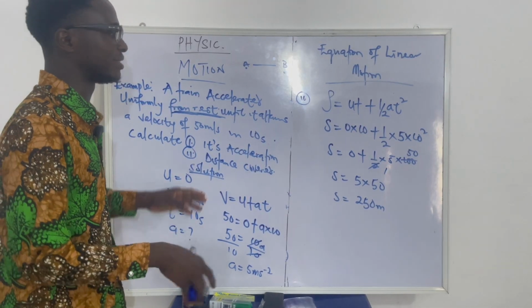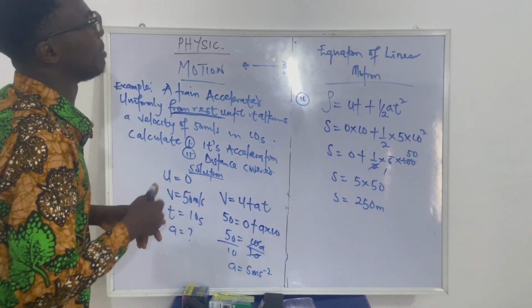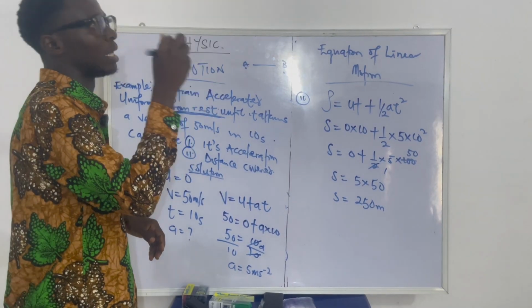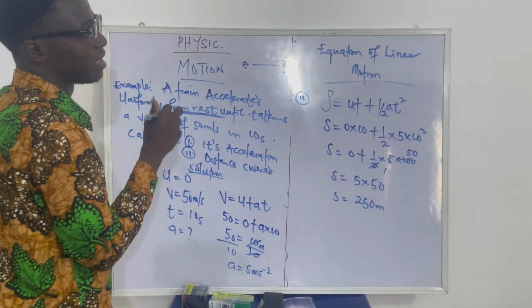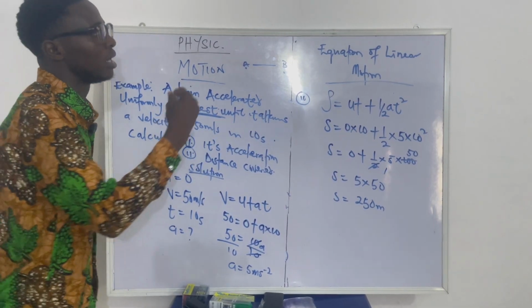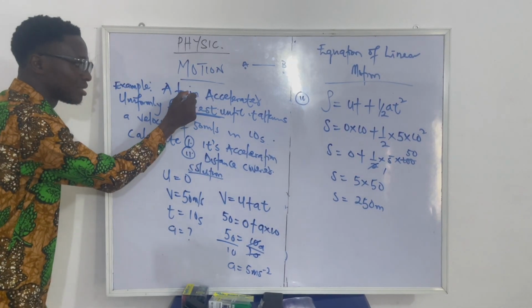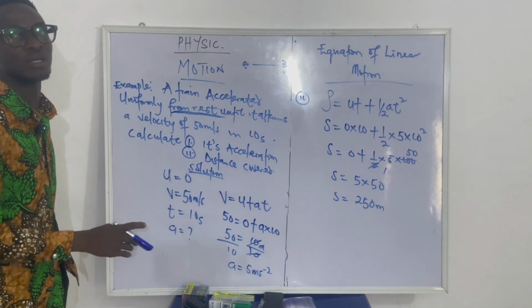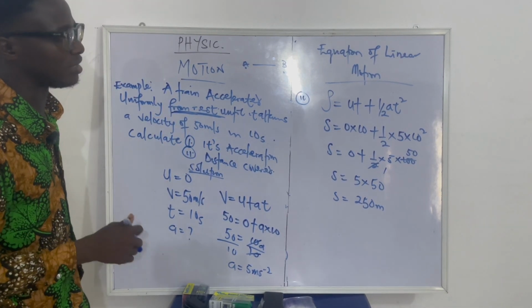Sincerely, they are very simple. And in our subsequent class, I'll be talking about motion velocity time graph, where we'll be explaining how to use a graphical method to solve this same type of question.